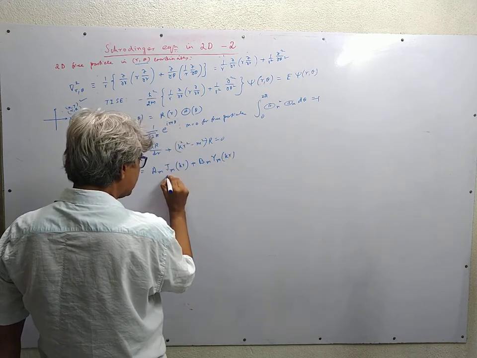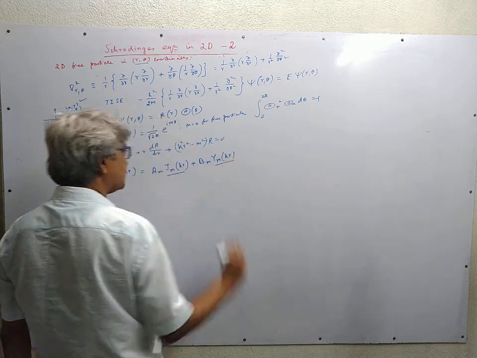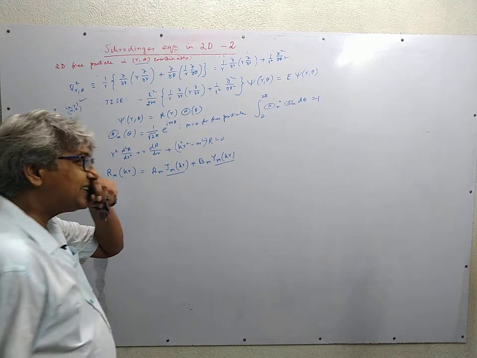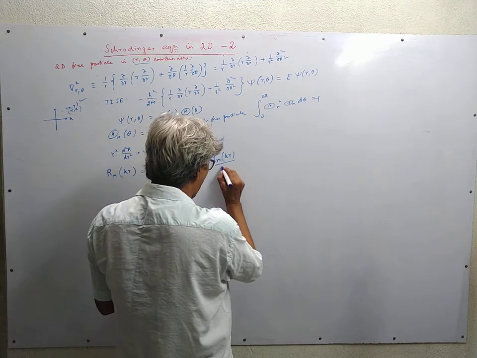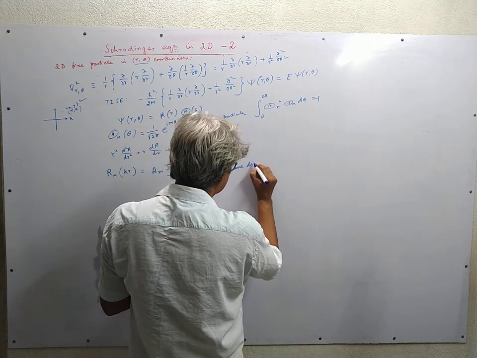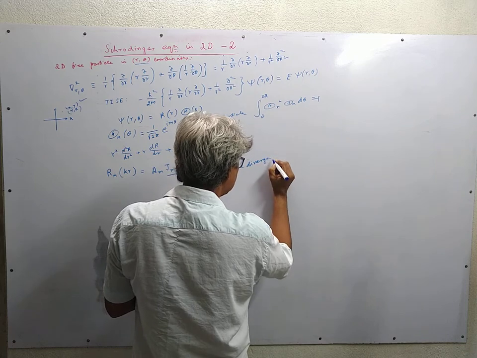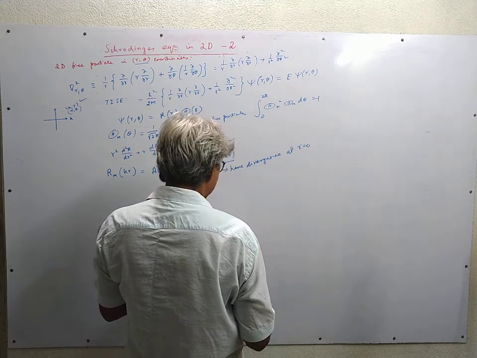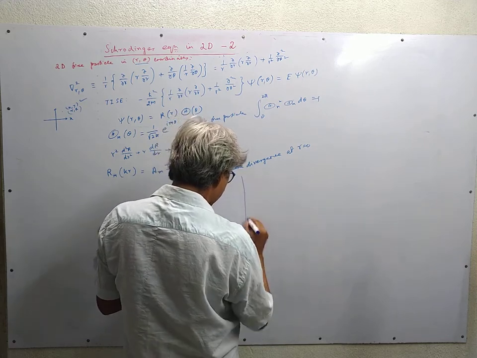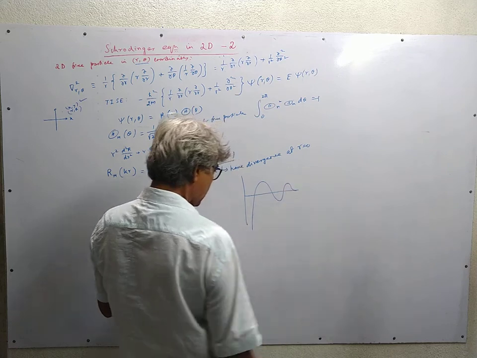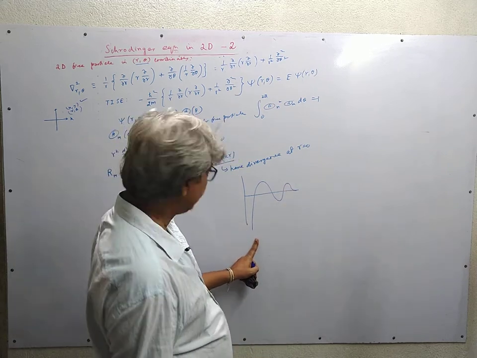This is the Bessel function of first kind, and this is the Bessel function of second kind, or the Neumann function. Note that this function has divergence at the origin, divergence at r is equal to 0. Now remember the graphs of Y, so they go to negative infinity.